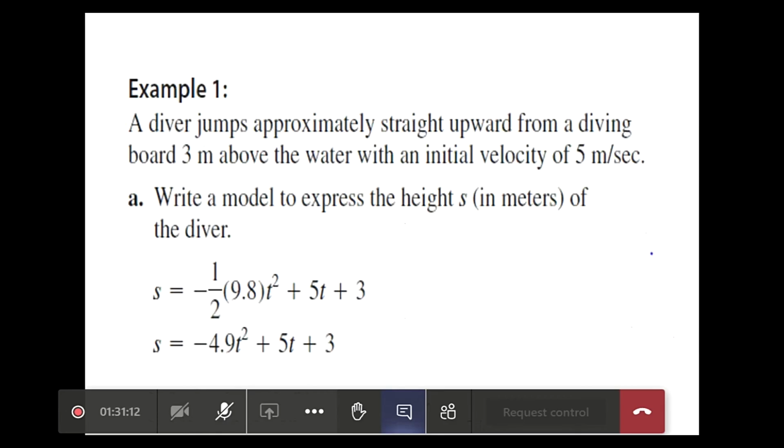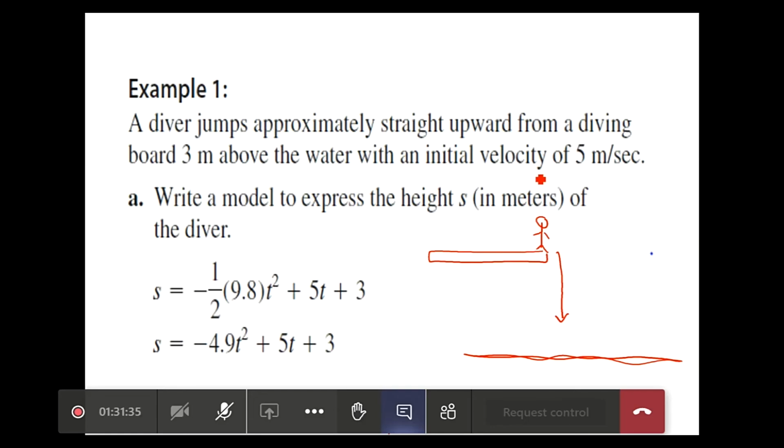Now, look at this example. A diver jumping approximately straight upward from the diving board. We have the diving board, and here someone diving down vertically, and here the water.